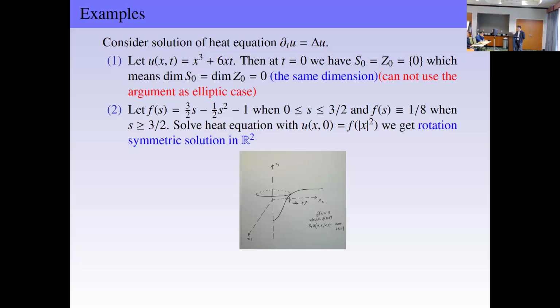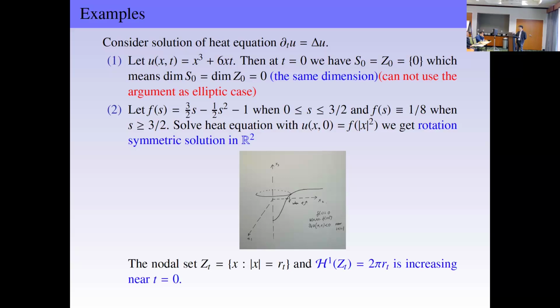We can construct an example where the radius of the circle is increasing. That means the measure of the nodal set can be increasing in higher dimension. So that means it is not possible to expect the measure to be non-increasing as in the case m equals 1.